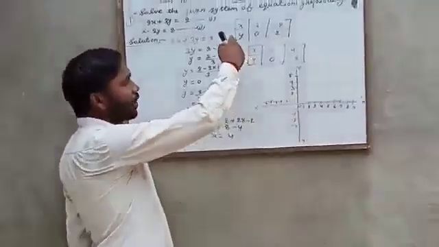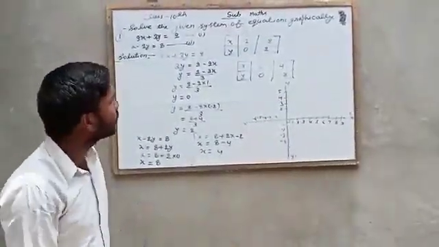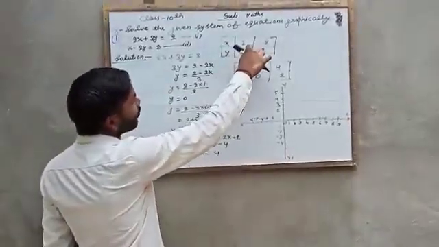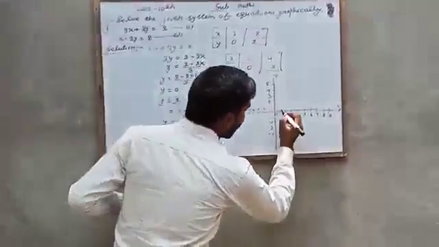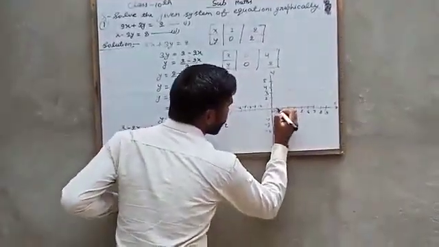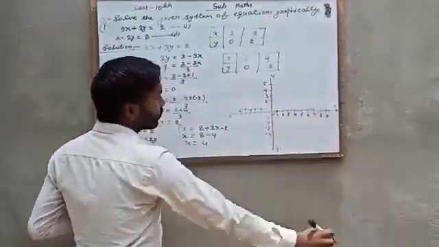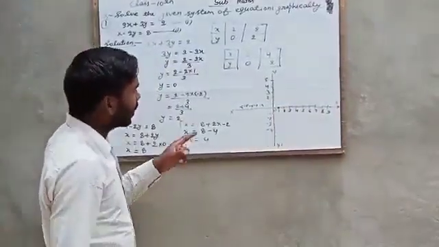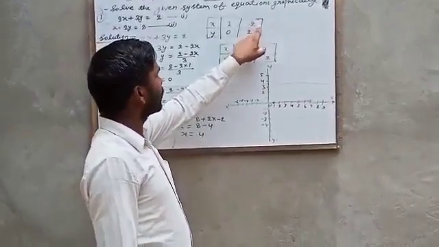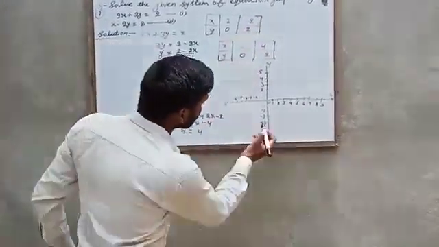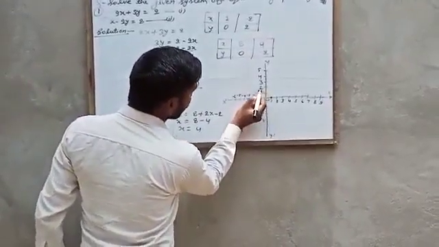Now we will plot the given coordinates in this graph. So when x is equal to 1, then y is equal to 0. It means it will represent this point. Again, if x is equal to minus 2, then y is equal to 2. Means x is equal to minus 2 this side and y is equal to 2 here.